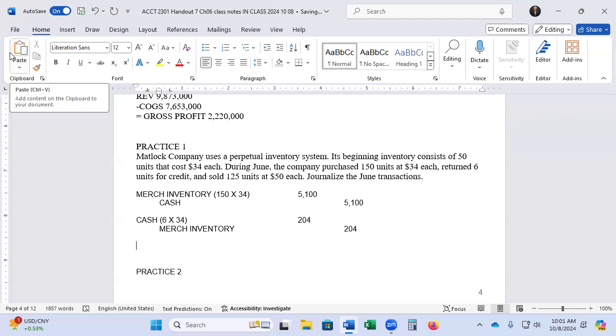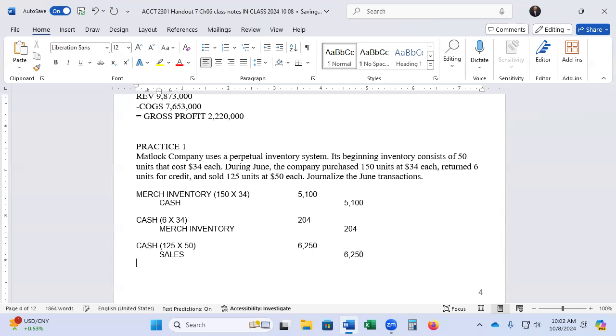And then it says we sold 125 units at $50 each. So again, we assume cash that we received 125 times 50. And so this would be 6,250. And a credit to sales of 6,250.